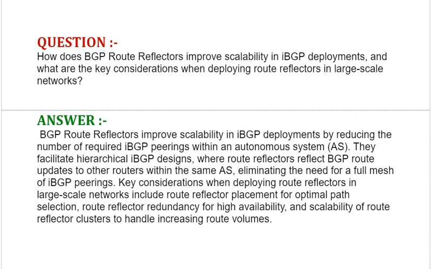Key considerations when deploying route reflectors in large-scale networks include route reflector placement for optimal path selection, route reflector redundancy for high availability, and scalability of route reflector clusters to handle increasing route volumes.